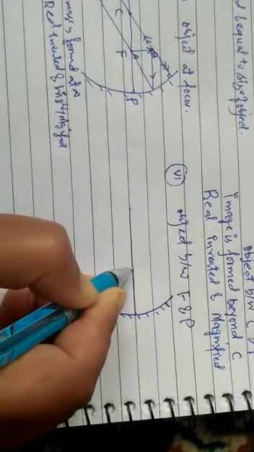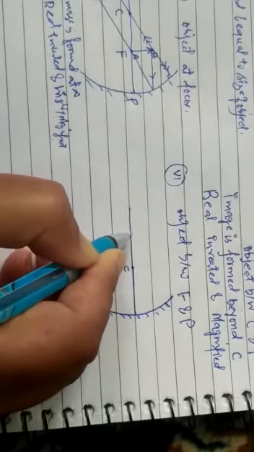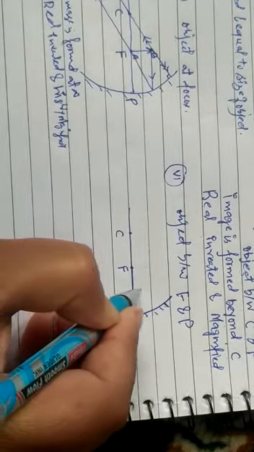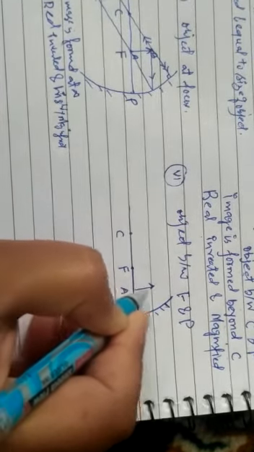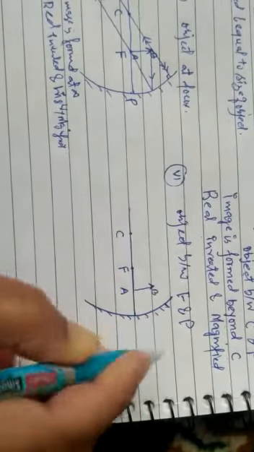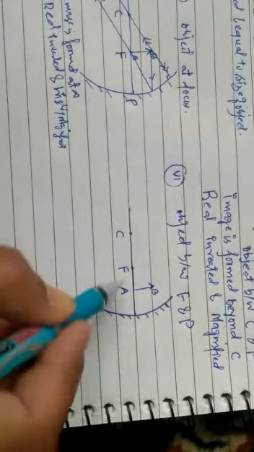This is the focus, and this is the center of curvature. Now we have the object here. Let this be object A and B. So the object is in between F and P.